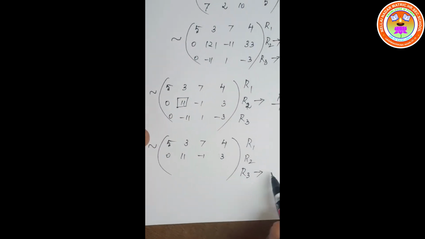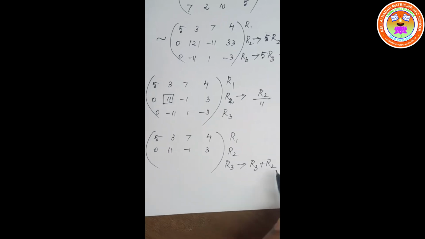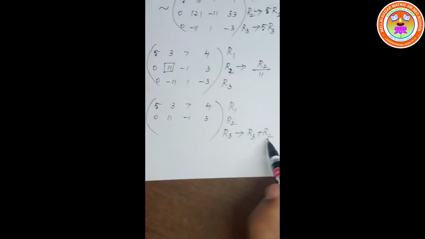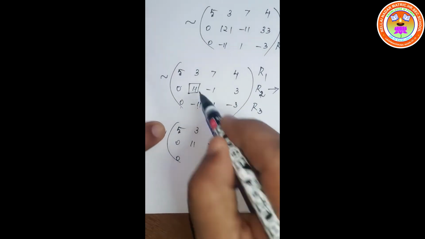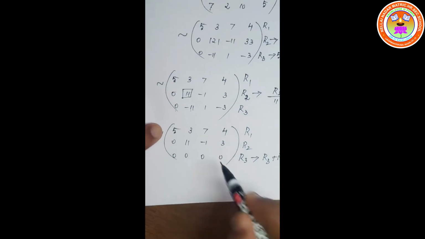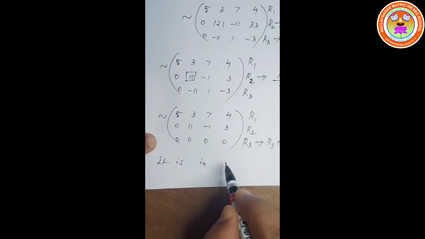So R3 implies R3 plus R2. Without changing the sign you have to put the plus symbol. See, R3 plus R2, you can directly add. 0 plus 0, 0, minus 11 plus 11, 0, 1 minus 1, 0, minus 3 plus 3, 0. Now it is in echelon form.